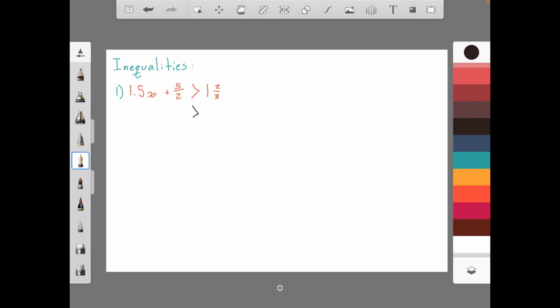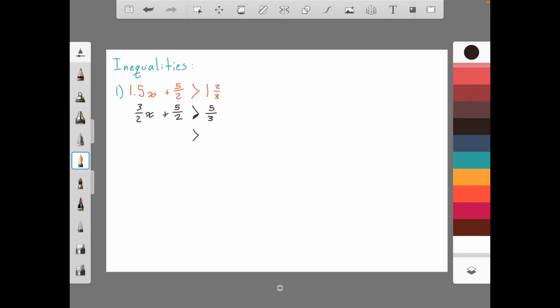First we have to, of course, convert these to the same value. We don't want to have that decimal. So we're going to have 3 halves of x plus 5 halves is greater than 5/3. Now we want to isolate x.